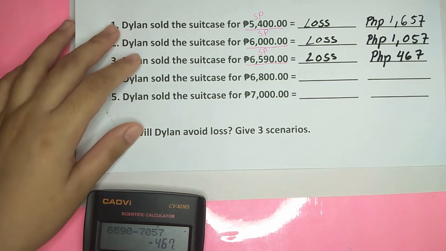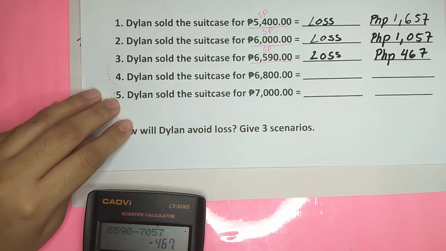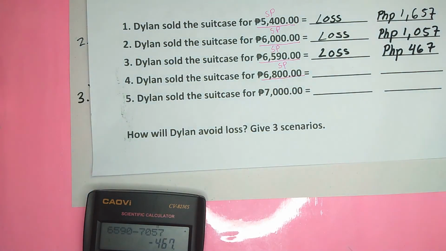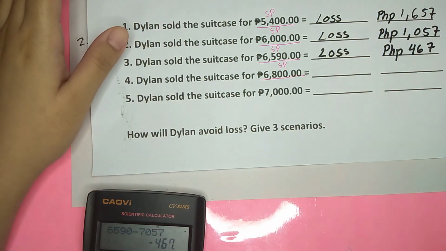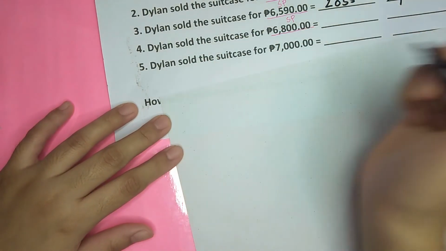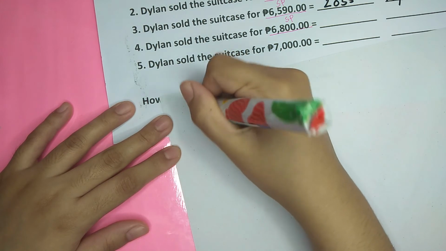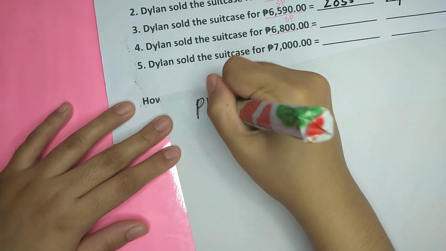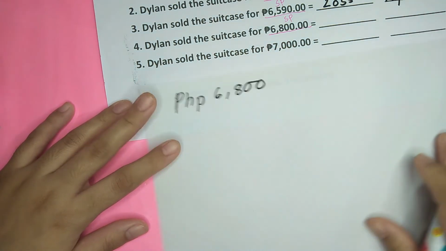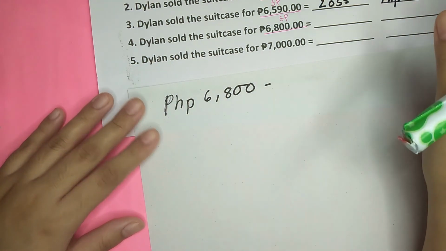Okay, for number 4, Dylan sold the suitcase for 6,800 pesos. So, yan ay selling price ulit. Binenta niya eh. Okay, so, selling price minus, hindi nagbago ang ating cost at ang mga expenses.